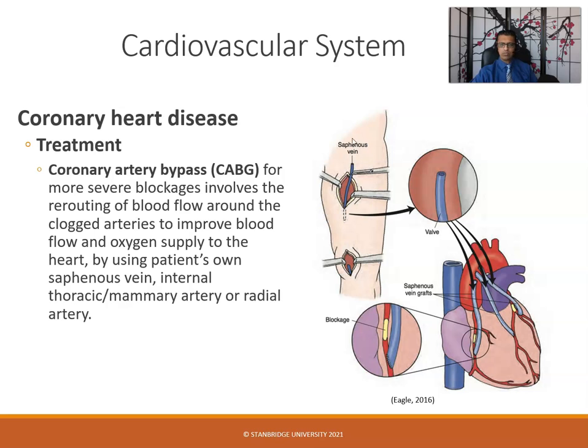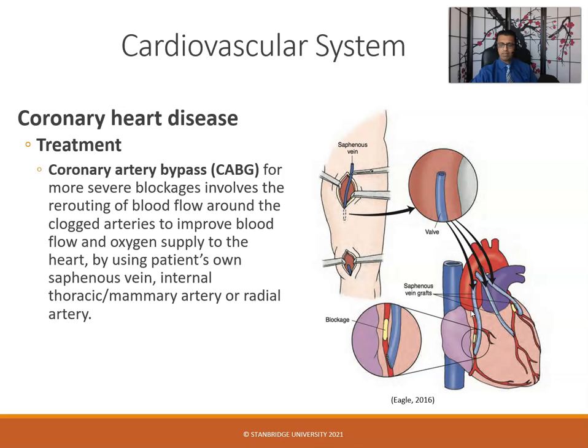So if you see a patient with a huge scar going down their leg, they probably used the saphenous vein to bypass the heart. And so what they can do is they can bypass right here. So see how they're bypassing that and helping with the clot there. So they're getting blood from here, and then they're going to bypass that.